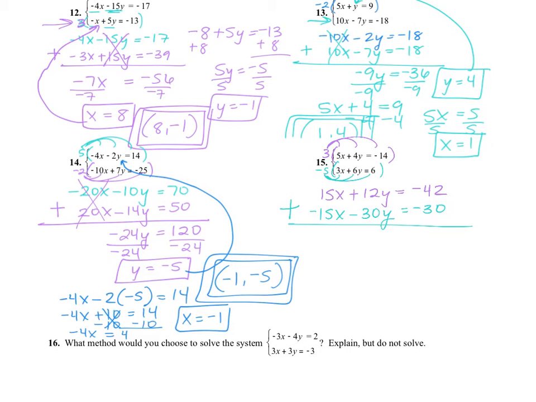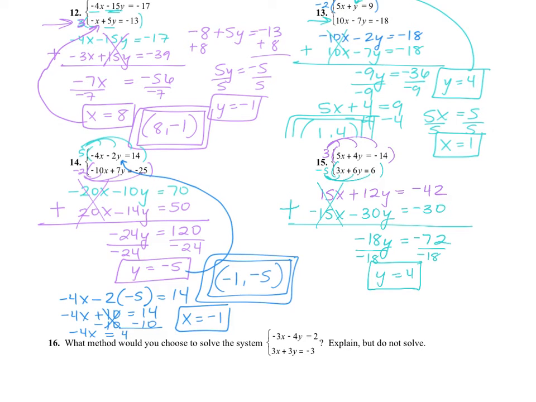Now we're going to add those together. 15 plus negative 15 zeroes out. 12 plus negative 30 is negative 18y. And then this is negative 72. We'll divide by negative 18, and we get y equals 4.